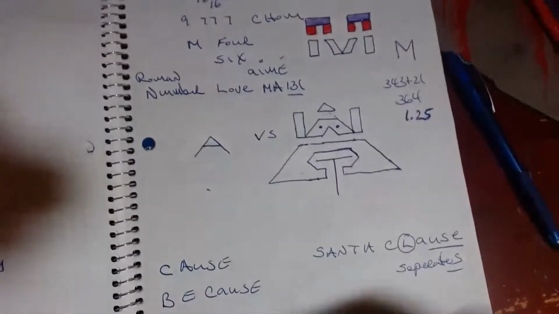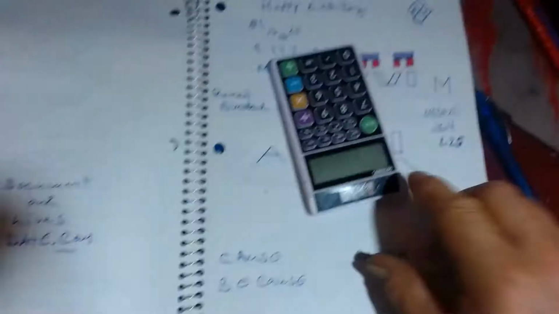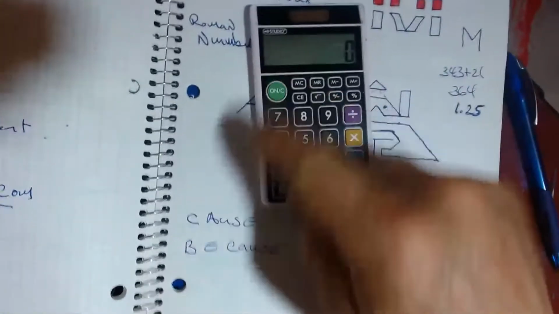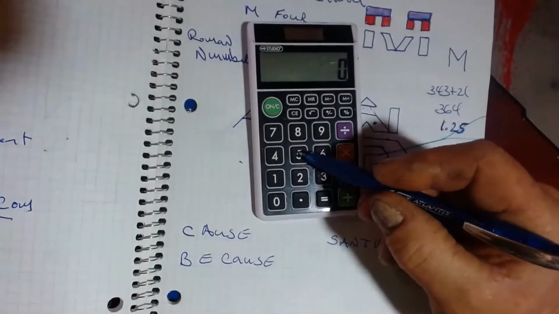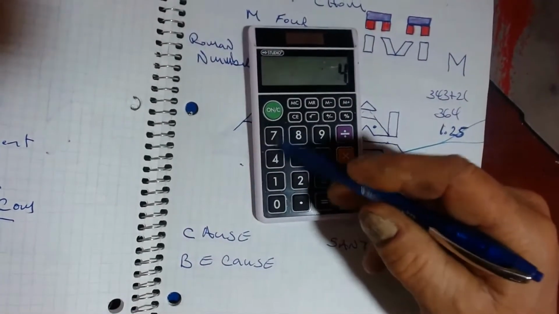There's something else missing here. I need a calculator for it. And the calculator shows me that there's a possibility that we need 365.47 days.